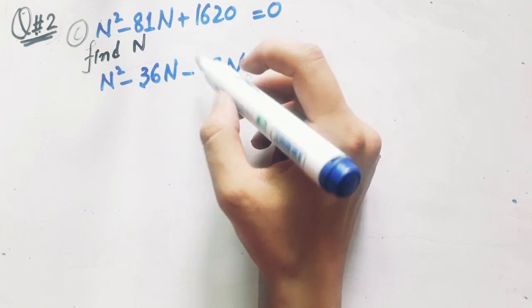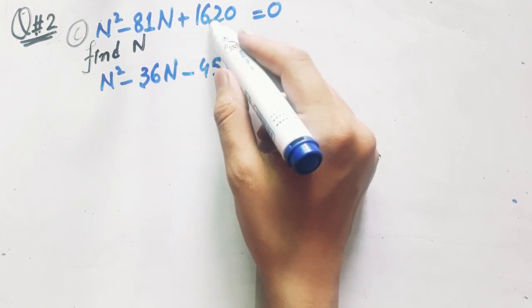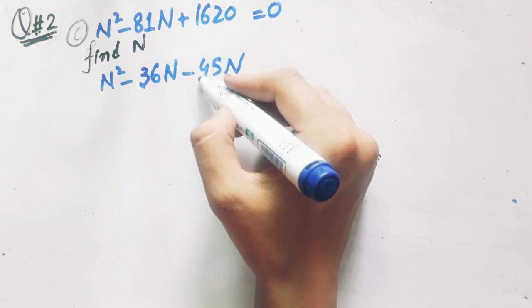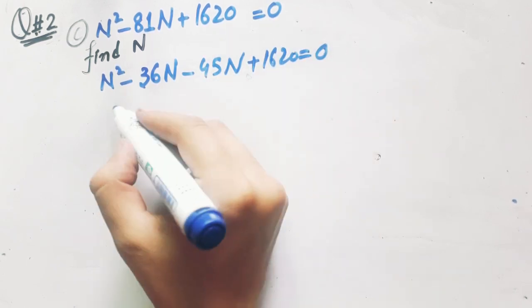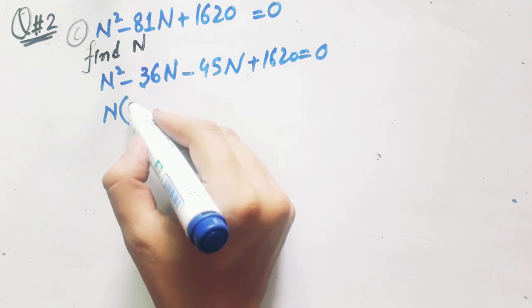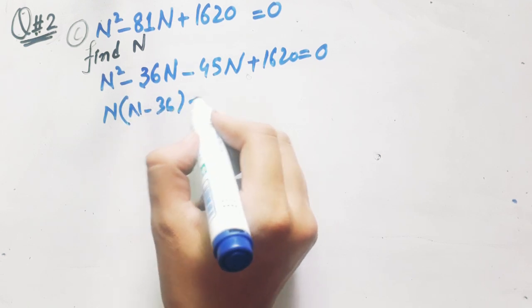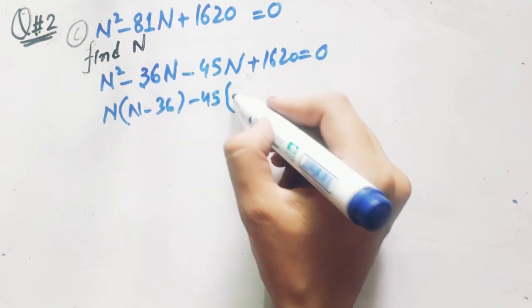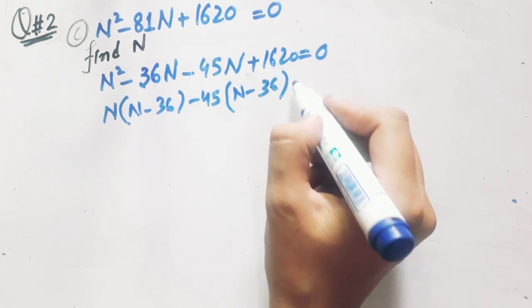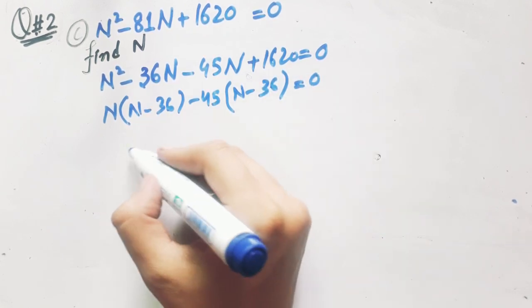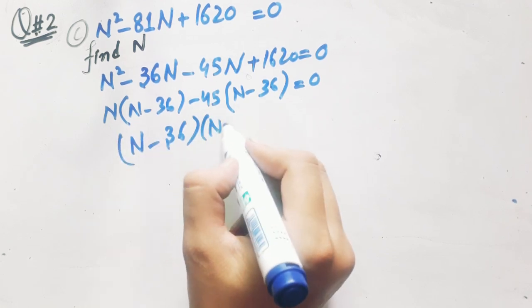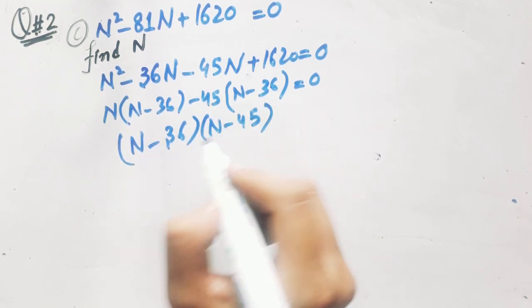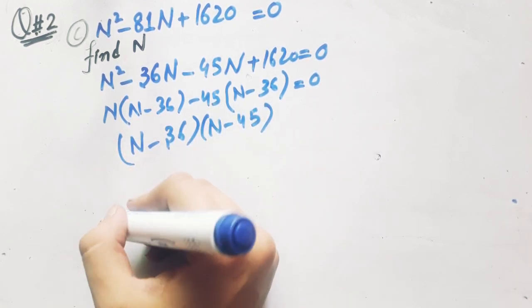These when added give 81 and when multiplied give 1620 and minus sign is used. Now take n is common, you will get n minus 36. Minus 45 is common, remaining is n minus 36. So the factors are n minus 36 and n minus 45. So you will get here two answers.